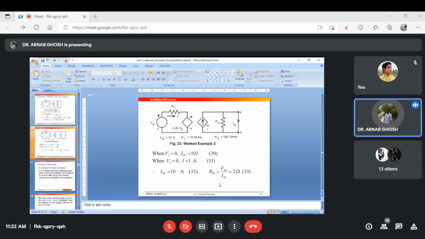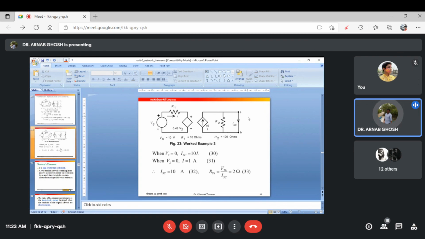Next, you need to calculate the short circuit current. What is the short circuit current? If you just join this, if you short circuit terminals A and B, this current will only flow through short circuit because this part of this R2 will be eliminated. So your ISC will be equal to 10I, and your V2 is equal to 0. For short circuit condition, the voltage is 0.